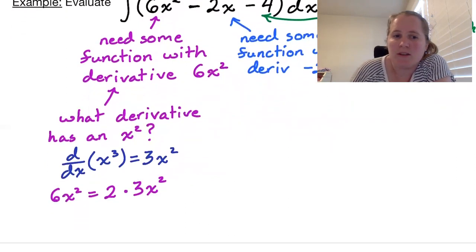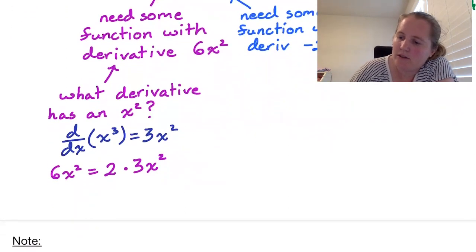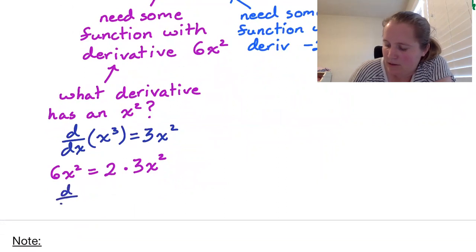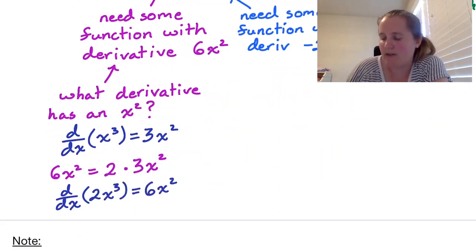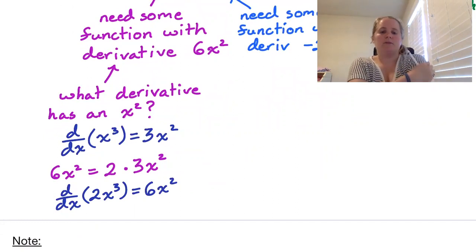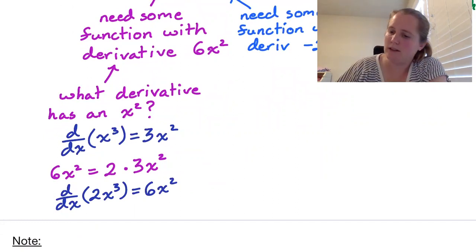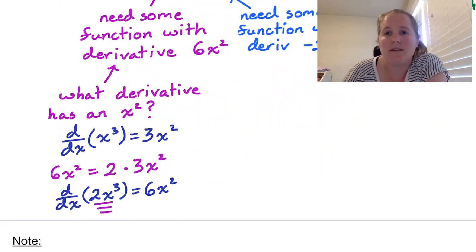So presumably we could take the derivative of 2x cubed, and we would wind up with 6x squared. And so 2x cubed is going to be our first key piece.